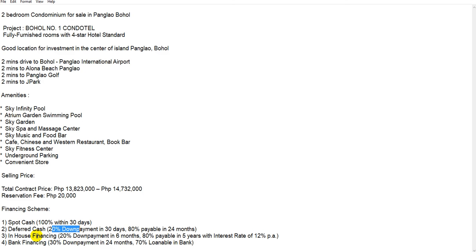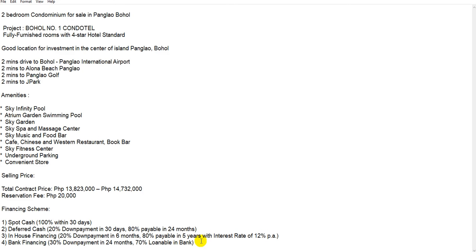In-house financing, this is where the buyer will pay the down payment to the developer, and the 80% payable, he will also pay to the developer. Bank financing, he will pay the 30% down payment for 24 months to the developer. Then the 70% loanable, he will pay it to the bank.